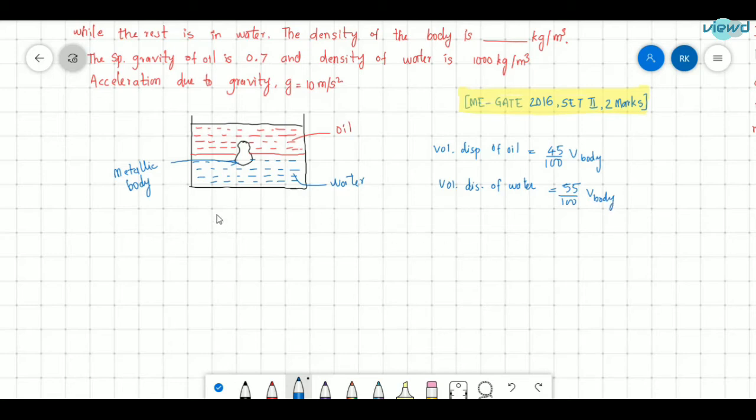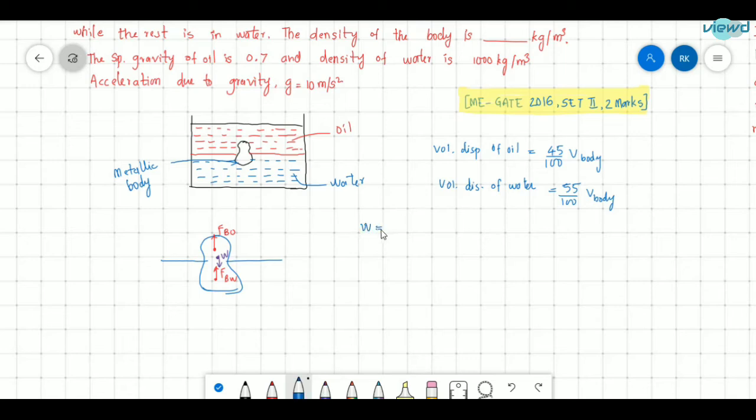Now how do we find the densities? So this is the body and this is the interface. Both the fluids, oil and water, exert a buoyancy force. Here there is buoyancy force due to oil, here buoyancy force due to water, and also the weight of the body acting downwards. So we need to balance all this.